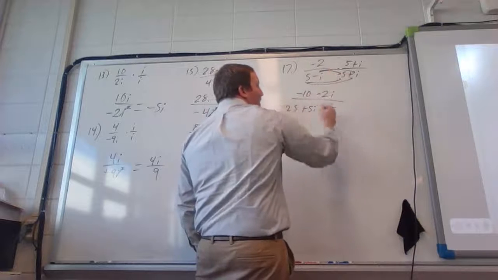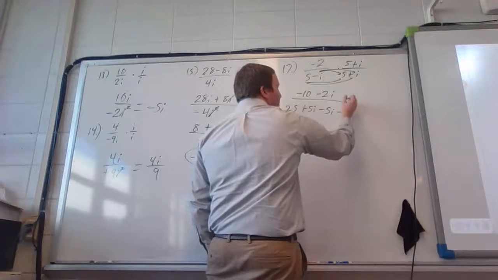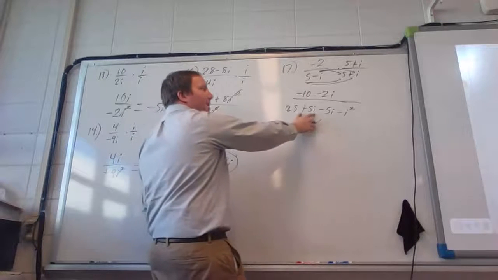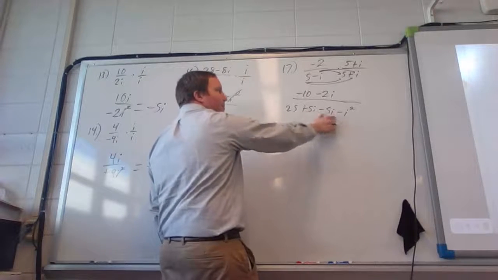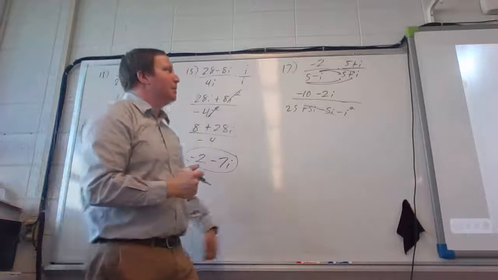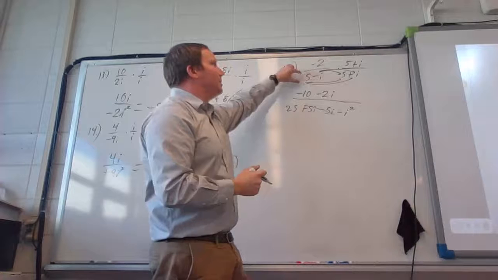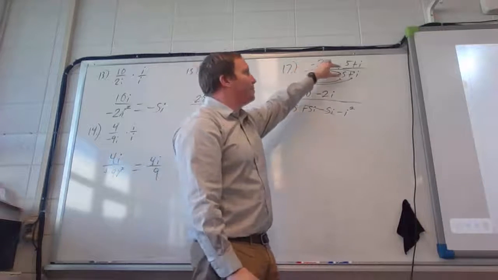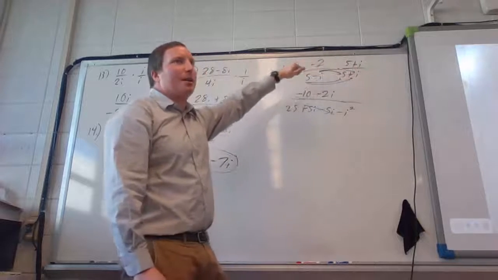So then negative i times i gets you negative i squared. So again, that positive 5i, negative 5i, those two things cancel out. So that's why I was saying at first, make sure to FOIL it. Because those middle terms cancel out, you're really just multiplying that first term, that 5 times 5, and your last terms together, whenever you multiply by that conjugate.